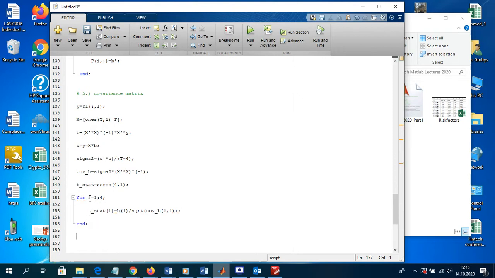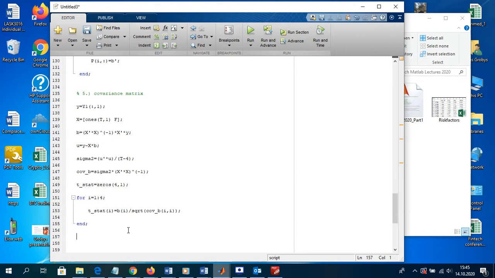So if I is 1, we take the first element in our beta vector and divide it by the first element on the main diagonal. Very simple. If I goes to 2, we store in the second position of our t-statistic vector the second guy from our parameter vector beta divided by the square root of the element 2, 2 on the covariance matrix. So that's exactly what we want to have.